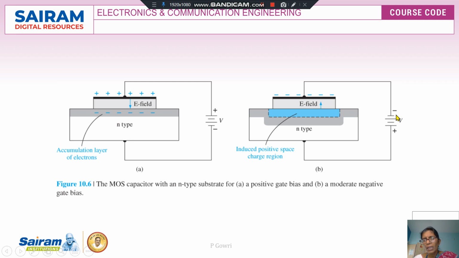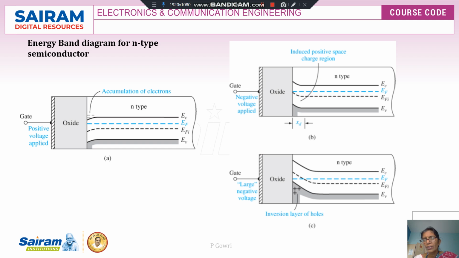Whereas when I apply a negative voltage, it will result in the formation of the space charge region initially, and then if a still more negative voltage is applied, it may result in induced positive charge, positive holes, at the junction of the oxide and semiconductor, and it is called the inversion layer. So applying a proper bias to the gate terminal will result in the formation of the inversion layer in the N-type as well as the P-type semiconductor of the MOS capacitor.